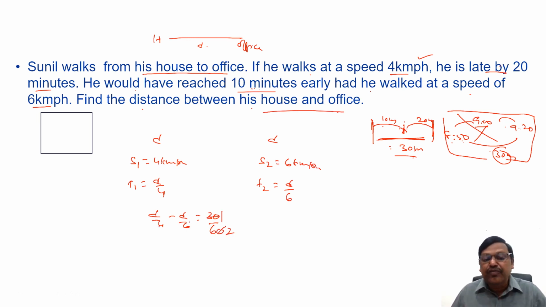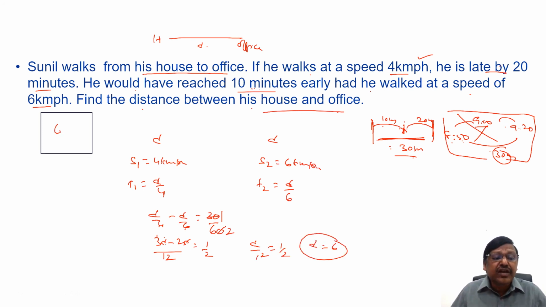D by 4 minus d by 6 is 1 by 2. If you take LCM 12, 4 3s are 3d, 6 2s are 2d, equals 1 by 2. I can say d by 12 is 1 by 2, or d equals 6. So the distance traveled is 6 kilometers. Right?